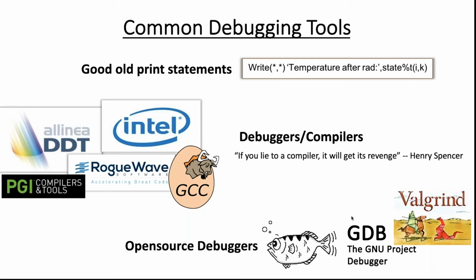These are great tools, and I use them a lot. And then we have open source debuggers like GDB and Valgrind, and they are also extremely useful whenever we get into errors. Typically for memory errors, people use Valgrind a lot, and they are very useful tools.